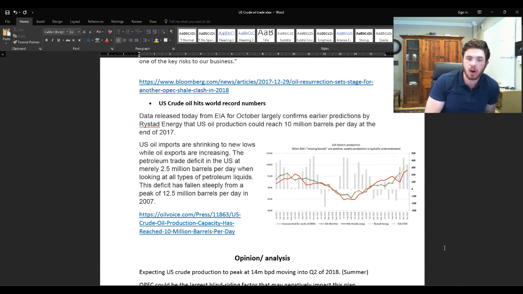US oil imports are shrinking to new lows, while oil exports are increasing. The petroleum trade deficit in the US at merely 2.5 million barrels per day when looking at all types of petroleum liquids. This deficit has fallen steeply from a peak of 12.5 million barrels per day in 2007.